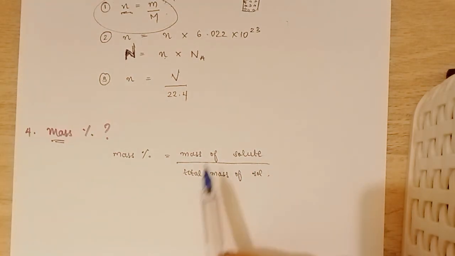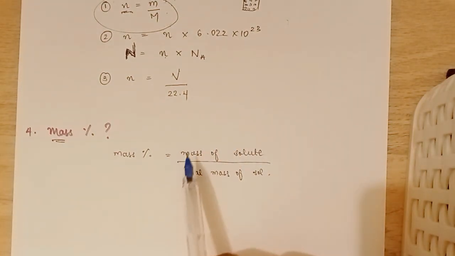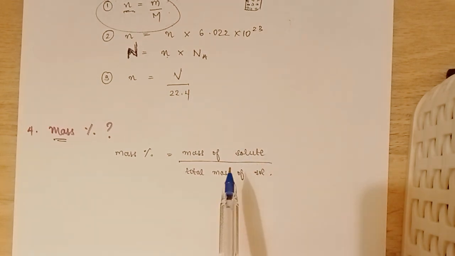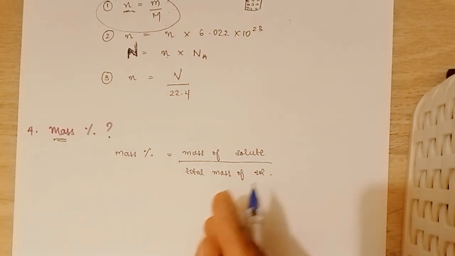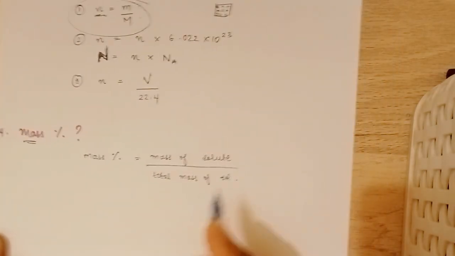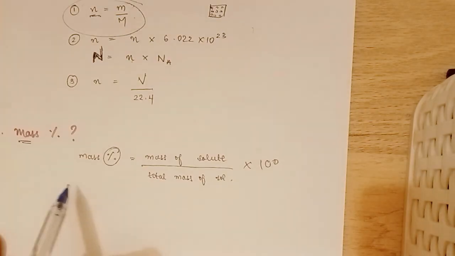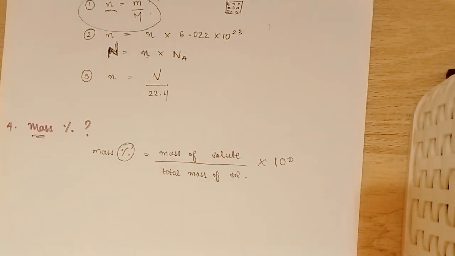Mass of the solute, that is the given solute, its mass divided by the total mass of the solute and the solvent. We know solute plus solvent will be equal to the solution. Whenever you see percentage, multiply it with 100. This is the equation for mass percentage.